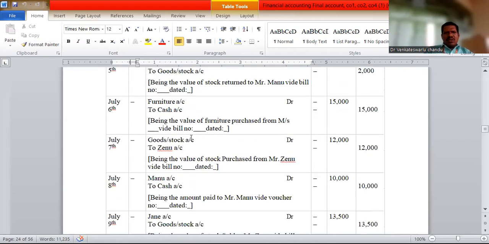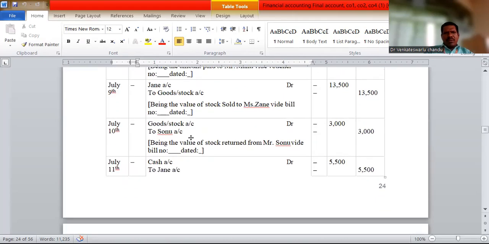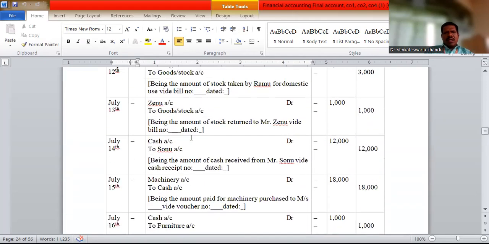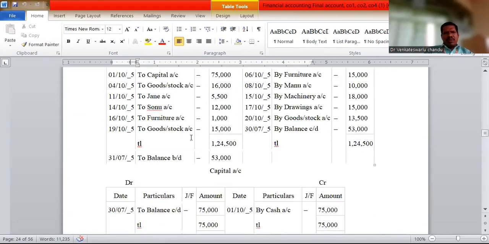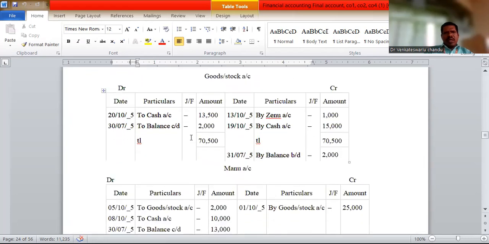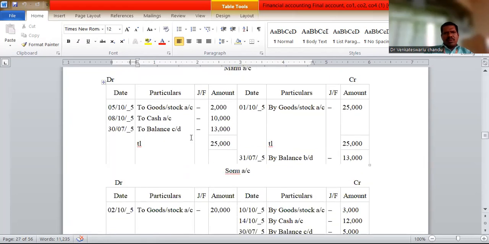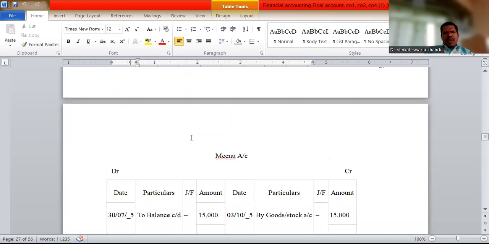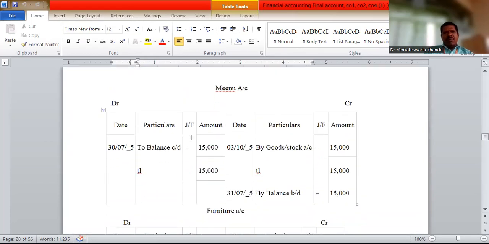In this way, first we have to prepare the journal entries, then we have to post them to the ledger accounts, like goods or stock, Manu, Sonu.